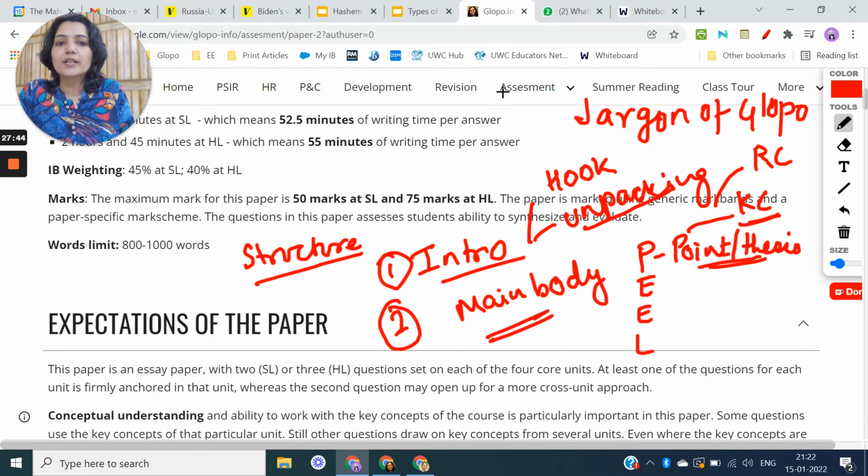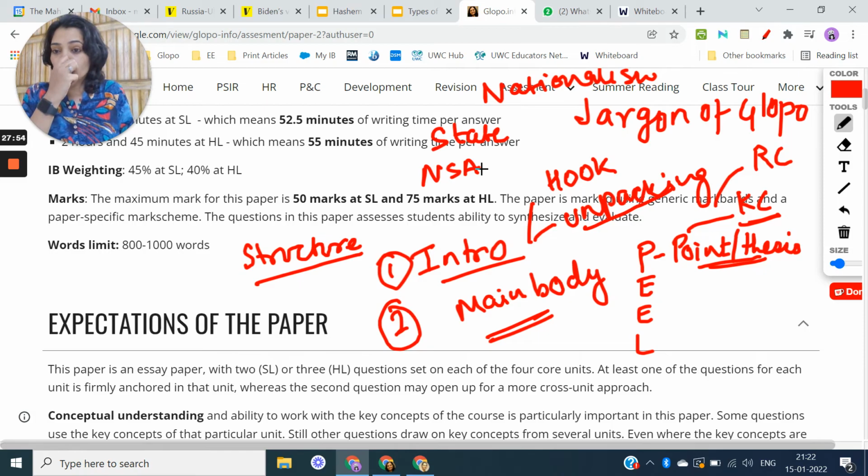What it could be? So if I use somewhere nationalism, if I use somewhere state, if I use non-state actors, okay? So all these terms which I have used are not part of those 16 key concepts. I'm calling them the related concept. So when you are making your P point or the thesis, you may use the key concept or the related concept, or you may begin even with the theory also, okay?